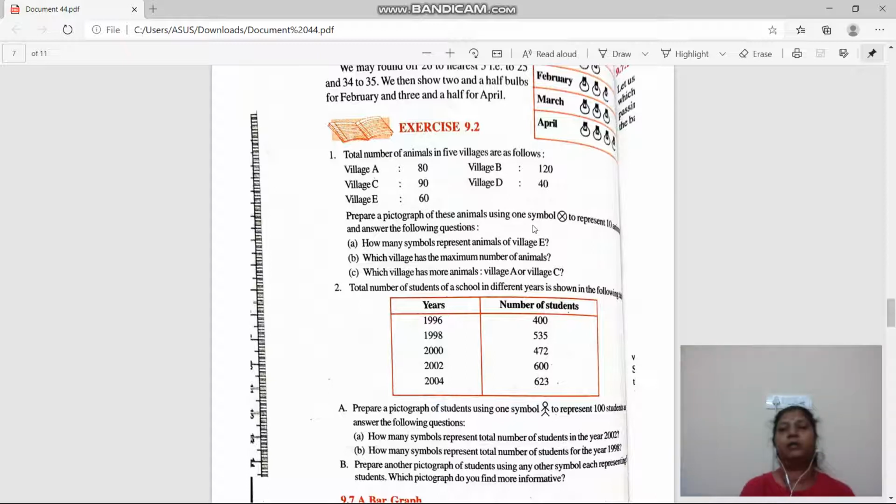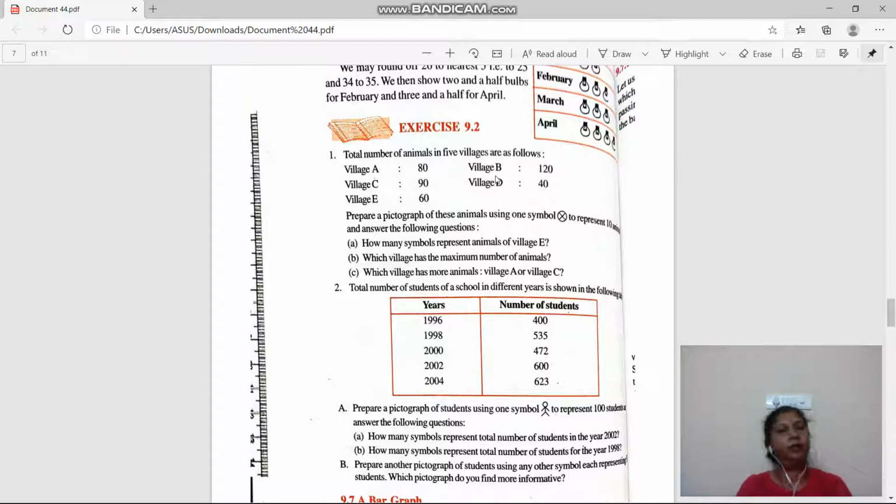Now one symbol represents 10 animals. Now tell me how many animals are there in village A? 80. So if one symbol represents 10, how many symbols do we have to draw in front of A? 8 symbols. What about B?